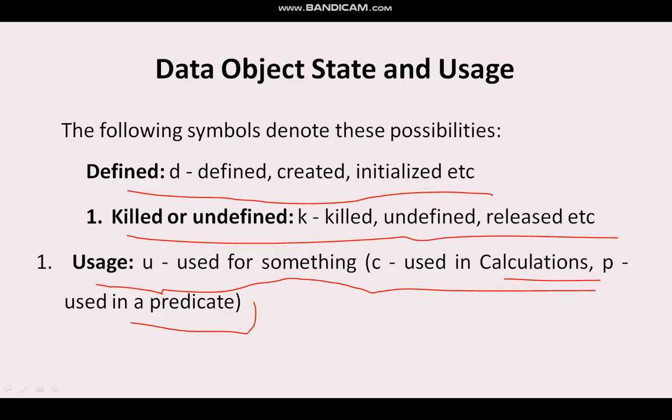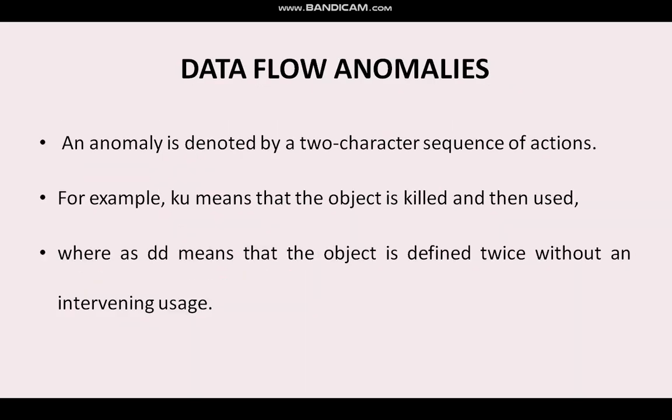So, what are the various states of the data objects? Defined, created, or initialized. The next one is killed, undefined, or released. And number three is used: the first is used in calculations, and the second is used in predicates. These are the three possibilities for the data objects.